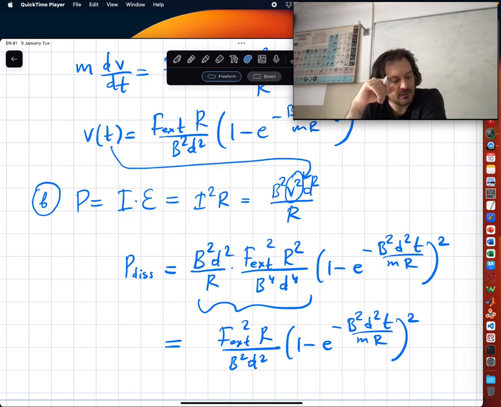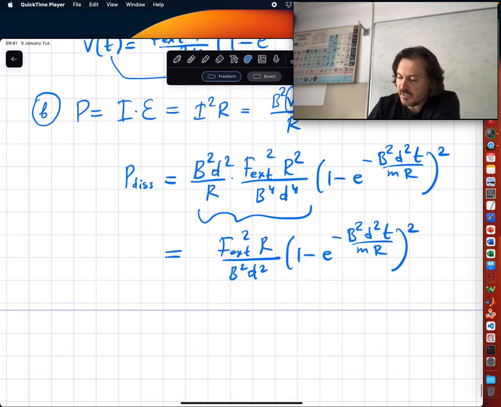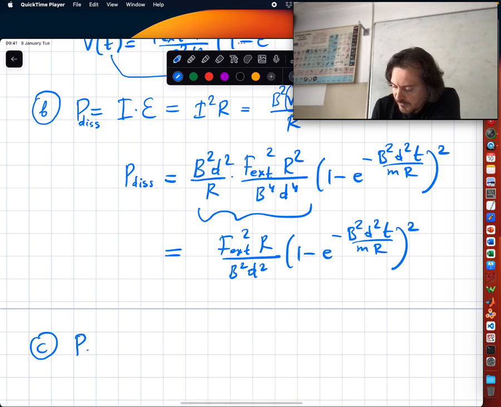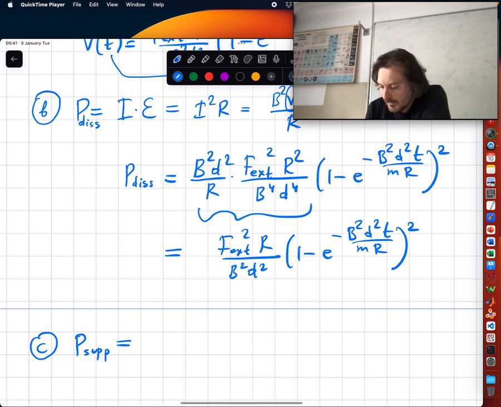Exactly. So now let's look at power supplied. To find power supplied, this is power dissipated. Power supplied is F external times V. Okay.